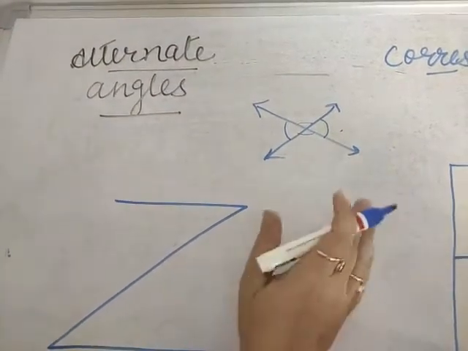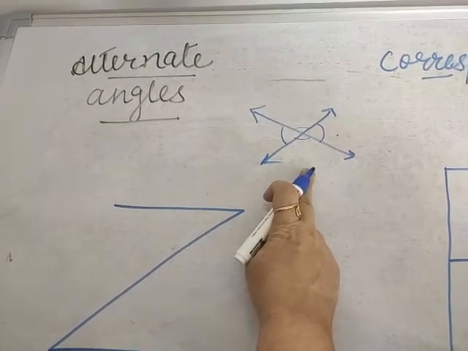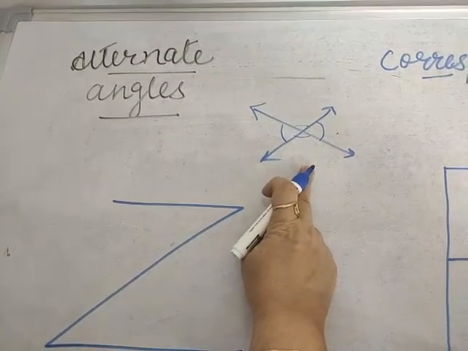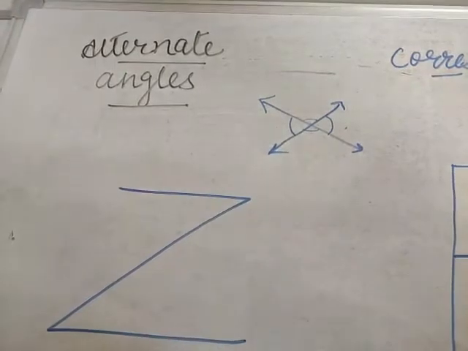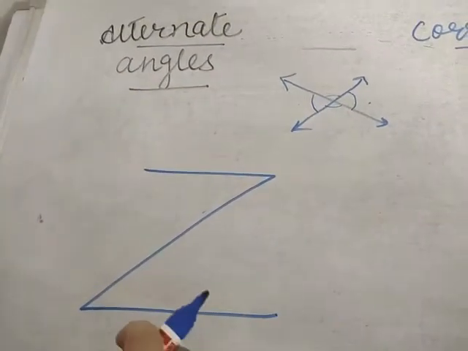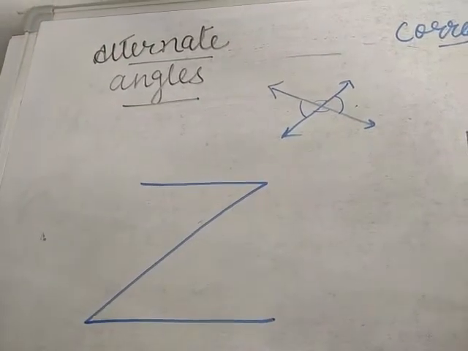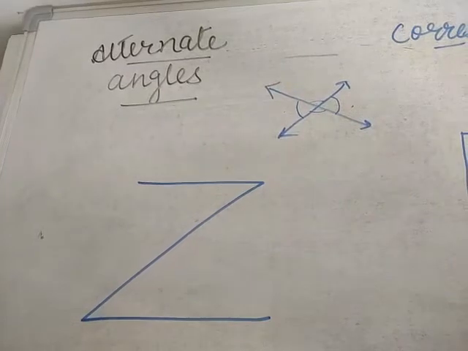It is just a reminder that whenever you have an X kind of shape, you will think about vertically opposite angles. But whenever you have a Z kind of shape, if you are able to find a Z shape in any figure, there would be alternate angles.